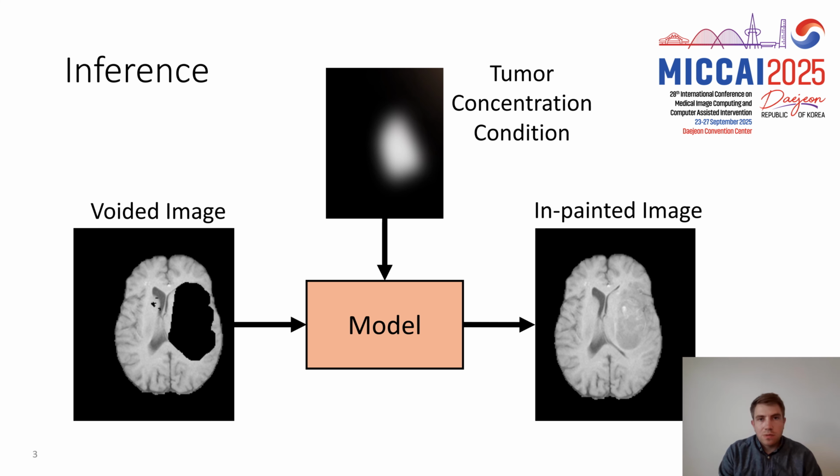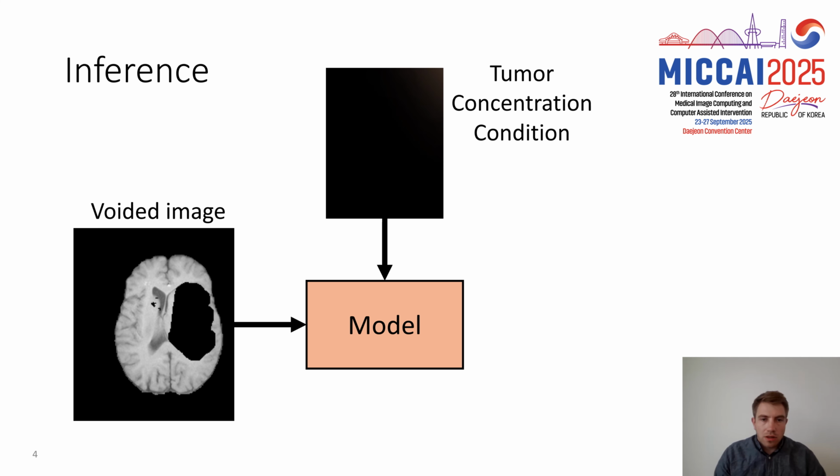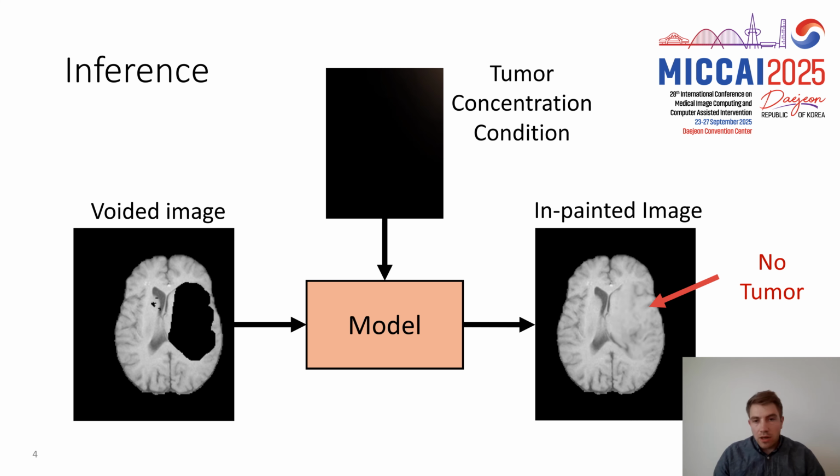So in this case, where we have a tumor, we can then see in the output also the tumor. And when we put only zeros in this condition, so we have basically no tumor in the condition, then we get our healthy brain inpainting.